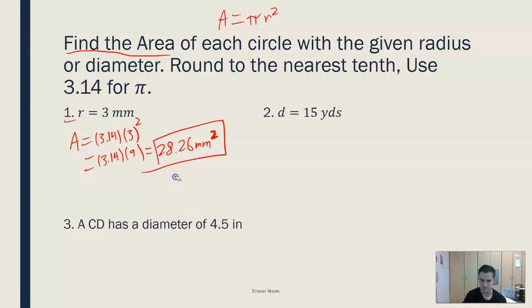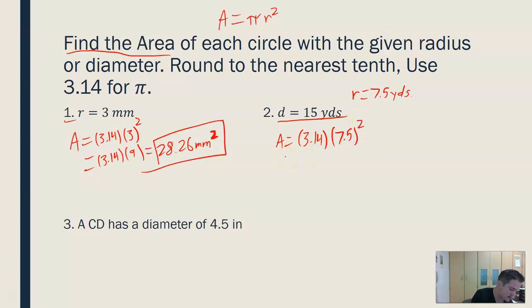Okay, here it says the diameter is 15 yards. Well, I don't want the diameter, I want the radius. So I know the radius is going to be half of that, which is 7.5 yards. So, let's calculate the area. Area equals pi, or 3.14, times r squared, or 7.5 squared. 7.5 squared, I better take care of that exponent first.